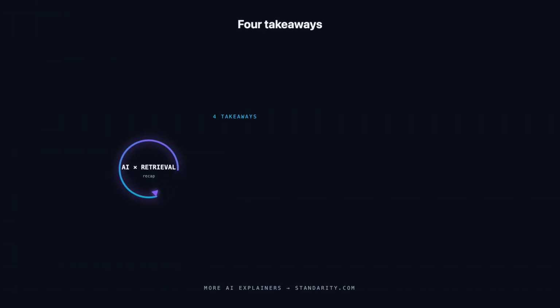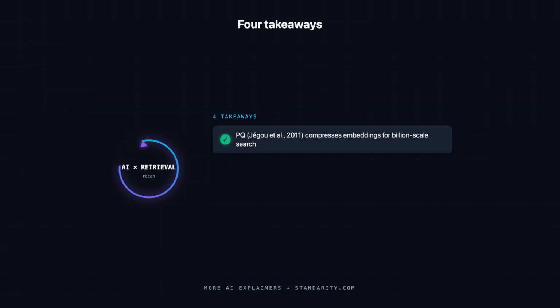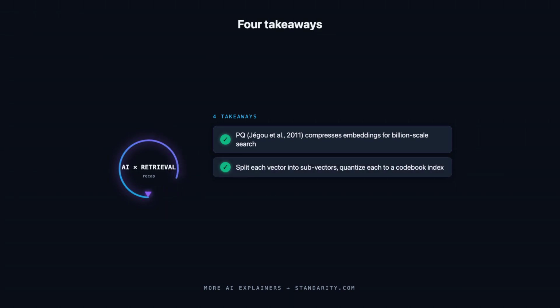Let's tie it all together for takeaways to walk away with. Product quantization from Jegou and colleagues in 2011 compresses embeddings so you can search billions of them without storing raw floats. Each vector is split into segments, and every segment is quantized to a codebook index, turning a heavy float vector into a short compact code.